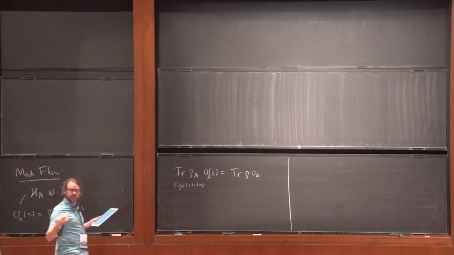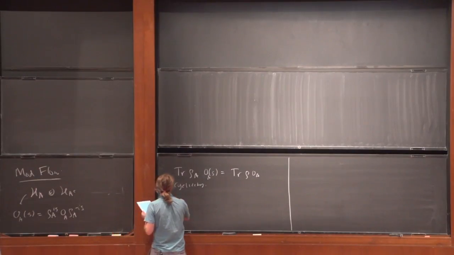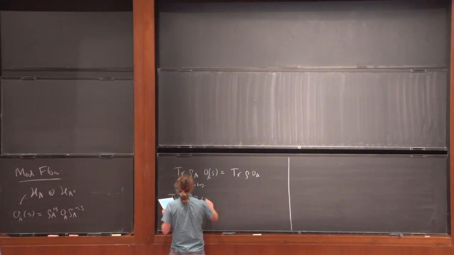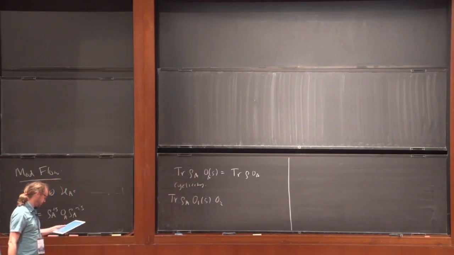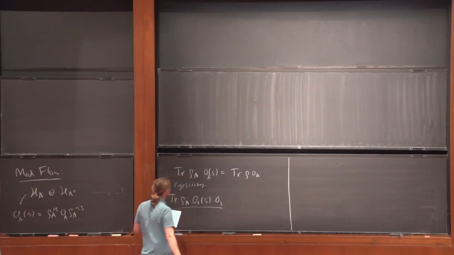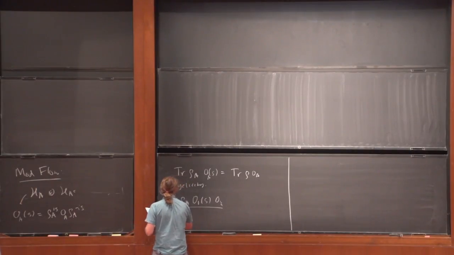And then the next thing we do is we think about correlation functions. So rho A, O_A. We have two operators. They're both in A. O1 and O2 are both acting on A. And let's think about this correlator a little bit. So let's write it out.